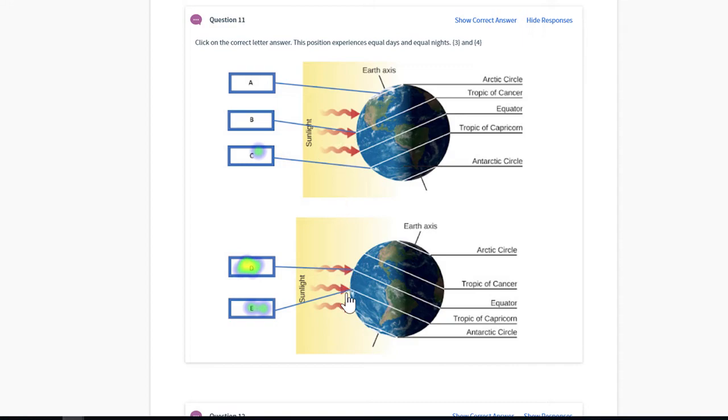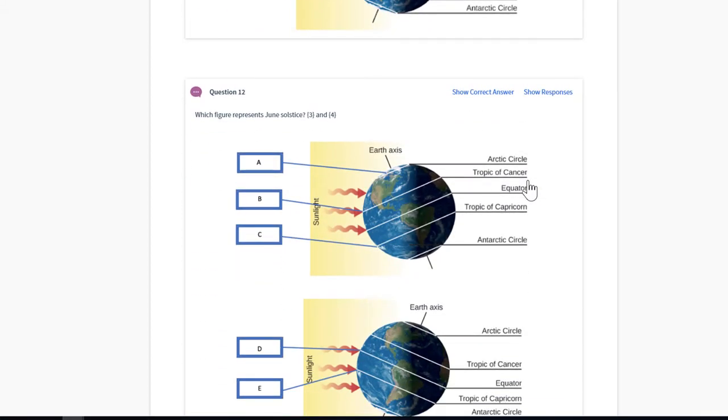Think about here. Also during the summer you have longer days and short nights. So the only possibility you have is over the equator. The equatorial region always has equal days and equal nights. There is no change, always 12 hours of day and night.